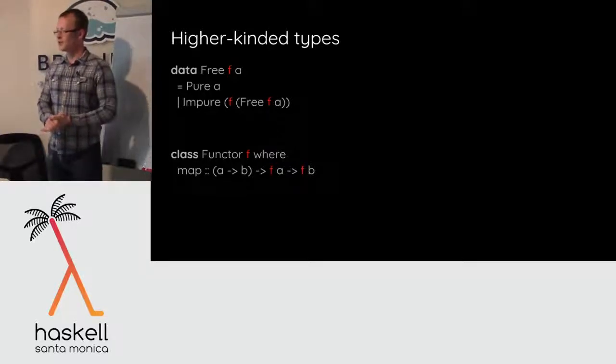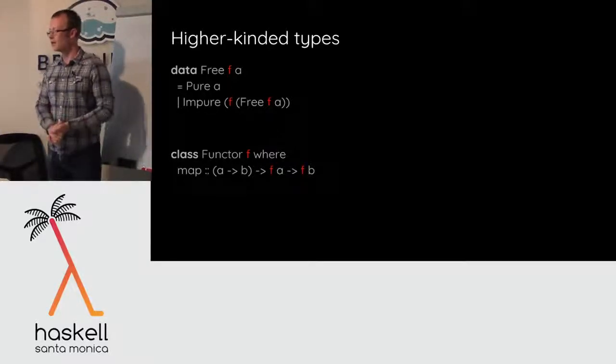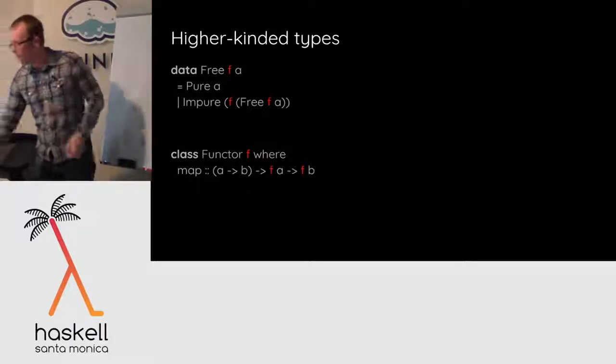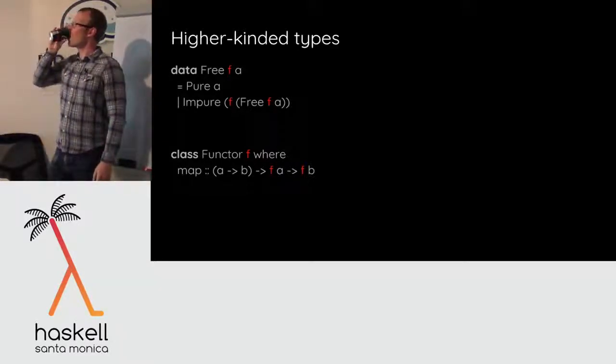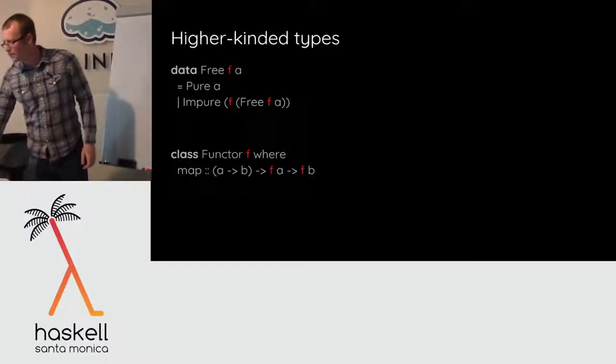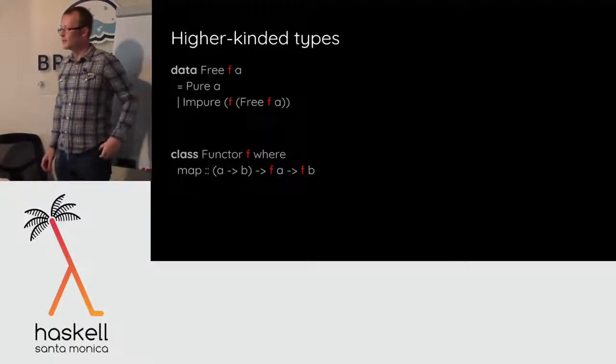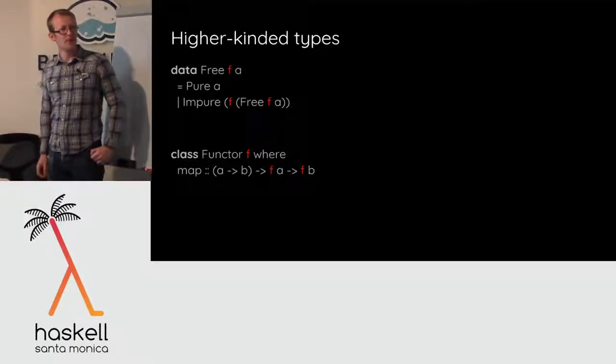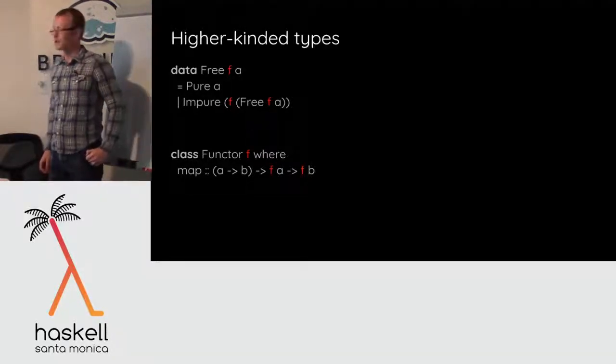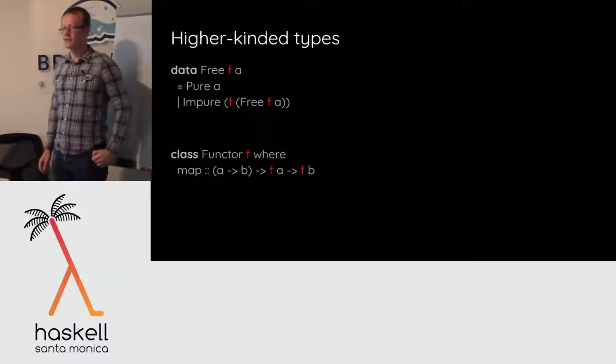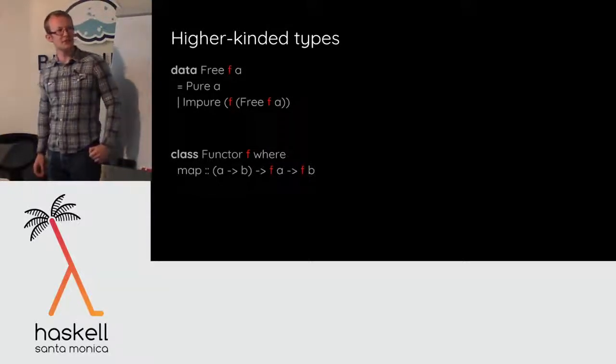I'd like to add polykinds eventually, but we don't have it right now. So if you don't specify what kind it is, and there are multiple kinds that will work, does it just assume its kind is type? It just defaults to star, yeah, type. Exactly. I've tried a couple of times to get polykinds to work, but it's tough to get the details worked out. But yeah, it's on the list.